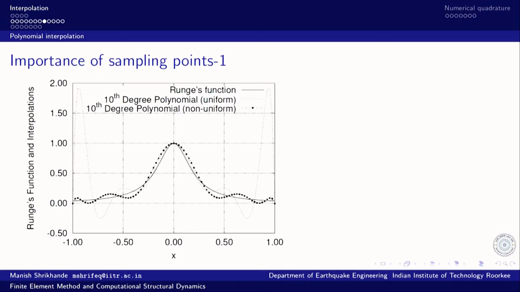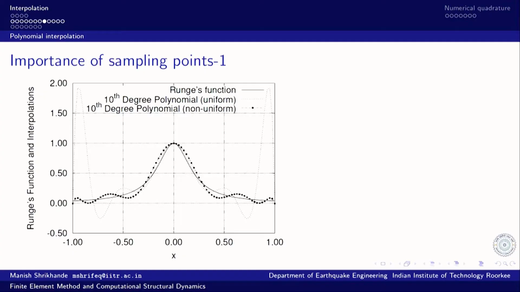So, for example, in this case we have the interval from -1 to +1. If I am asked to interpolate with a 10th degree polynomial, I would just pick 11 points which are uniformly spaced in this range. That is the first impulse that anybody would have.